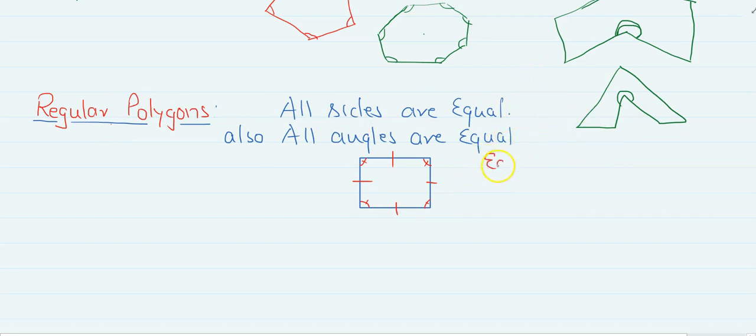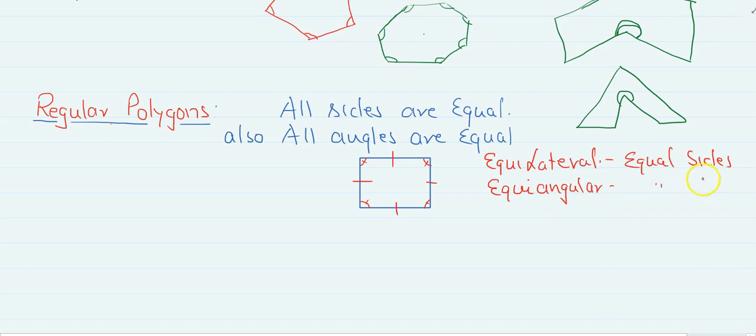Sometimes they are called equilateral, meaning equal sides, and they are called equiangular. It means equal angles. So a regular polygon's primary condition is that it has all sides equal.